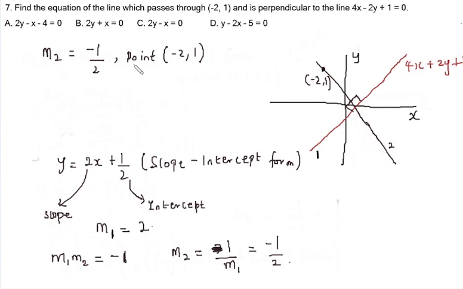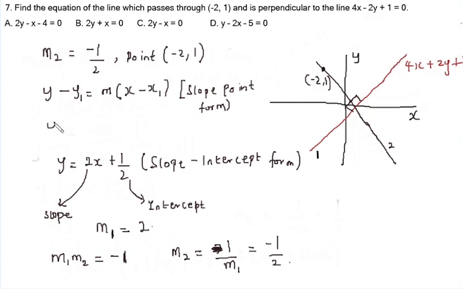So when you know the slope of the line and a point on the line, there's a formula that you can use. y minus y1 is equal to m open bracket x minus x1. So this is the point-slope form of the line. So y minus y1, y1 is 1, and then this is equal to m, which is -1 over 2, open bracket x minus x1, and x1 is -2.